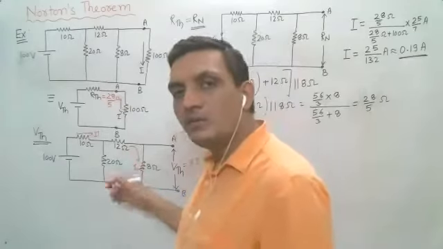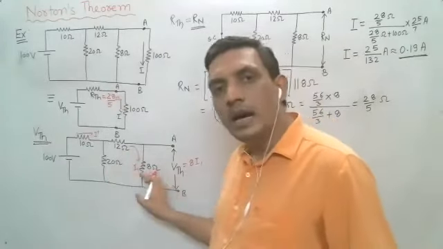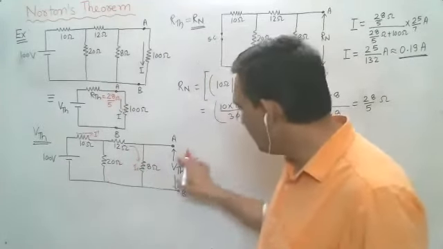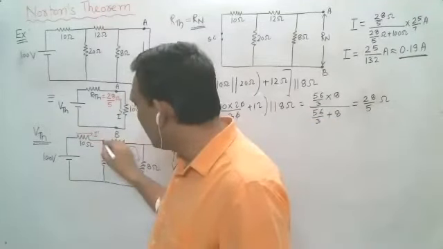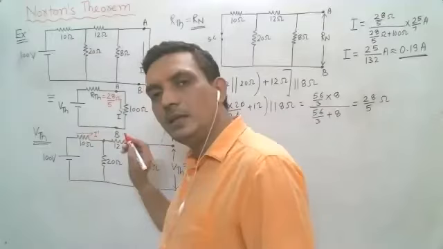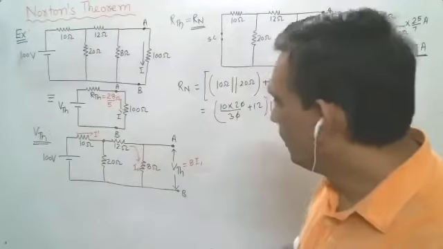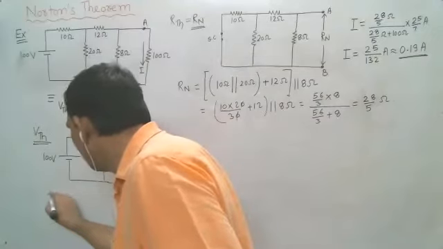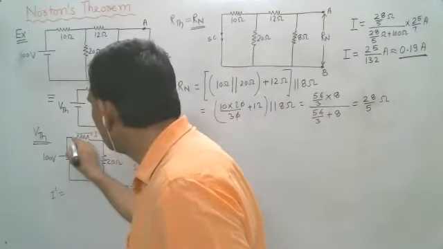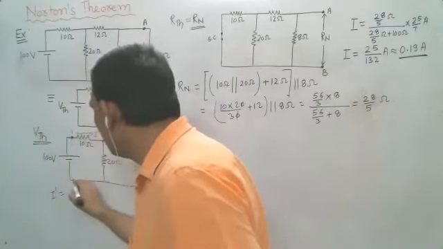If you know current I1, you will get voltage drop I into R. So you have to find I1 here. If you know I dash, you can apply current division at this node, you will get I1. So what will be I dash?